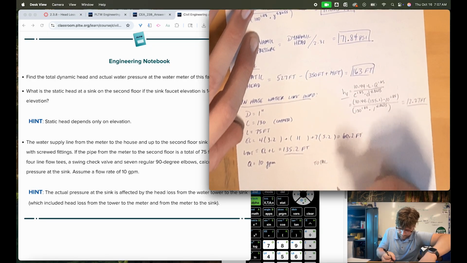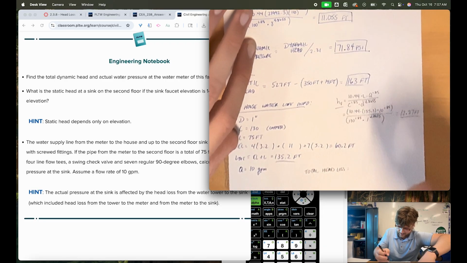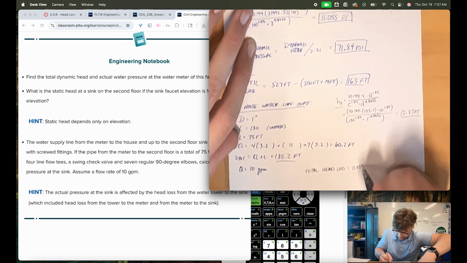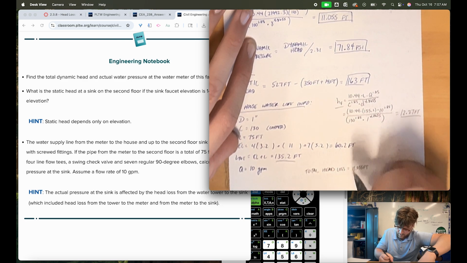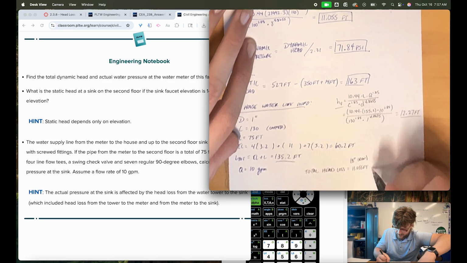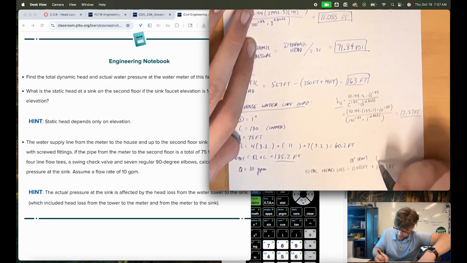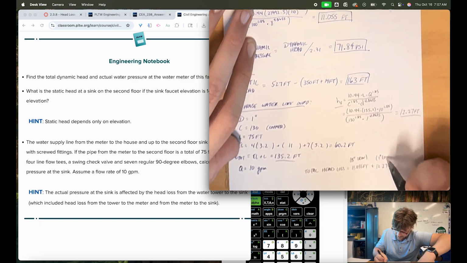Total head loss is going to be 11.055 feet, and in parentheses here 8-inch iron pipe, plus this 12.27 feet, which is the 1-inch copper.